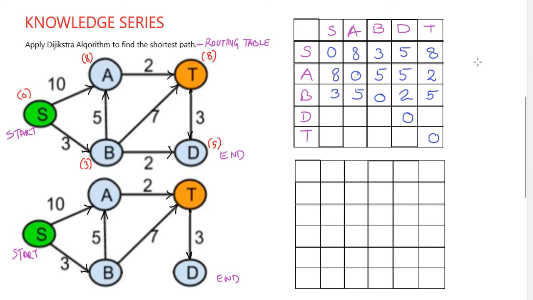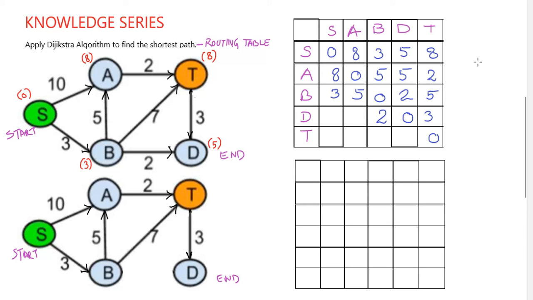Then D to B. If it is 0 here, because when we see D to B, 0 plus 2 is 2. Then D to T, 0 plus 3, 3.